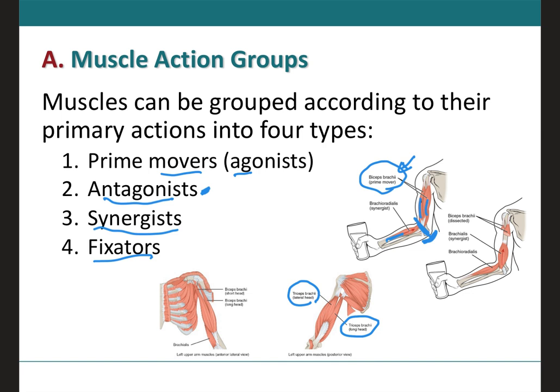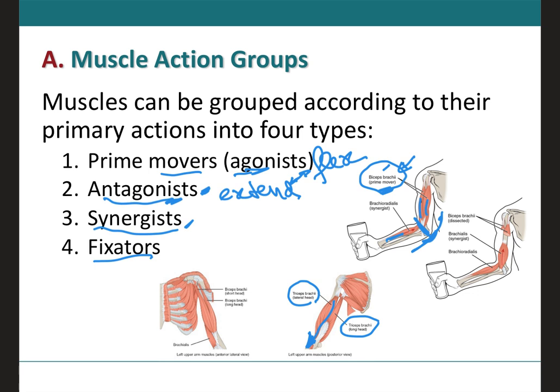So if we have the flexion in this example of the biceps brachii at the elbow, the triceps brachii will extend the forearm at the elbow. So biceps brachii flexes, and the triceps brachii, it will extend. So it's an opposite movement between the agonist and the antagonist.